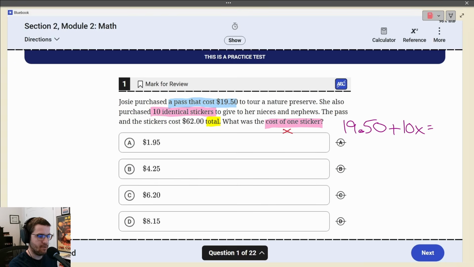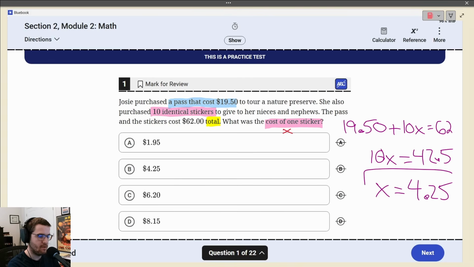And again, that's equal to the total, which is 62. Now we subtract 19.5 from both sides, and we get 10x equals 42.5. Then we divide both sides by 10, and we get x equals 4.25, which gives us choice B as our answer.